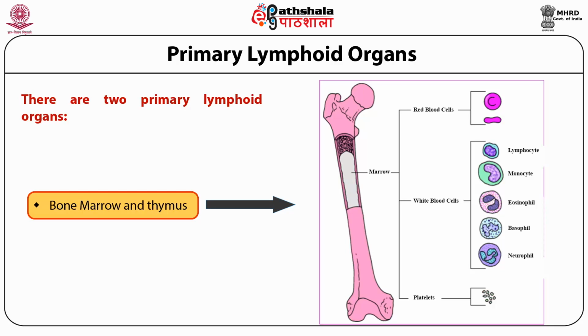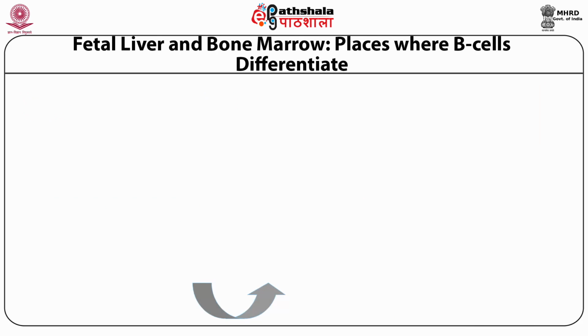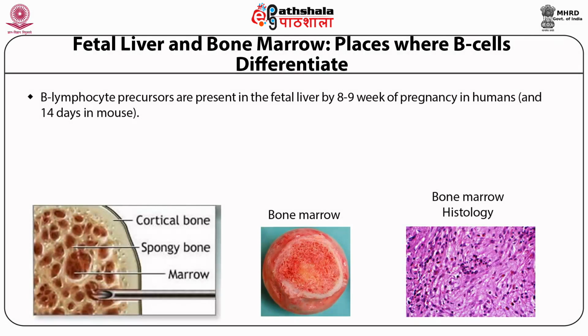in the immune response. As we said, B cells differentiate further in the fetal liver and bone marrow. B lymphocyte precursors are present in the fetal liver by 8 to 9 weeks of pregnancy in humans. This period is about 14 days in mouse.